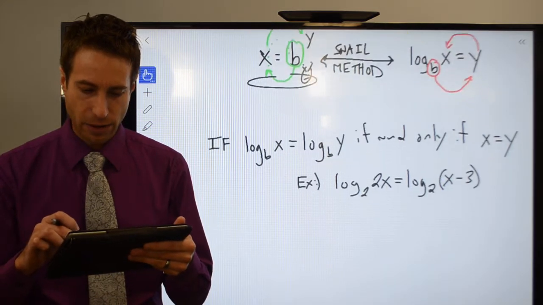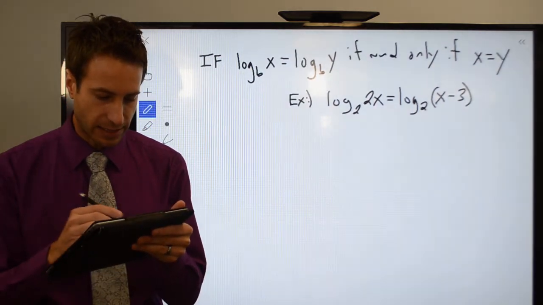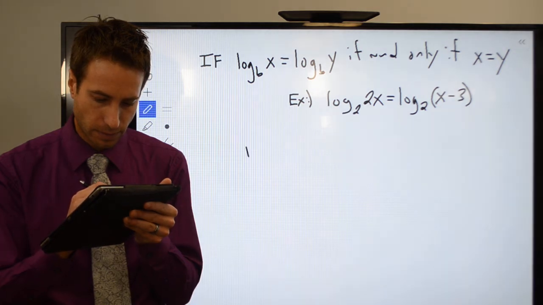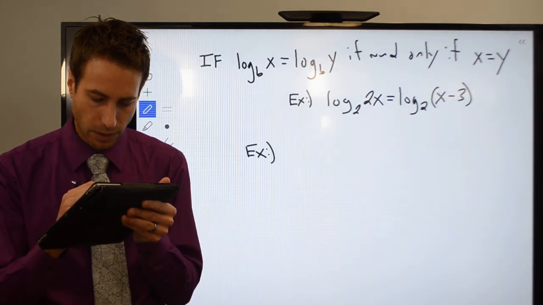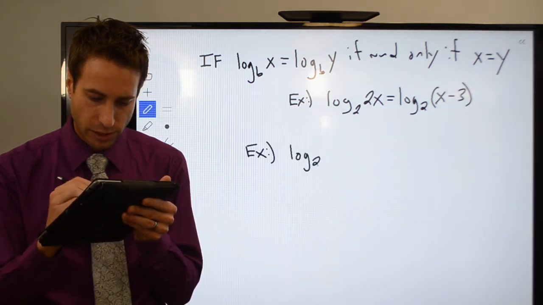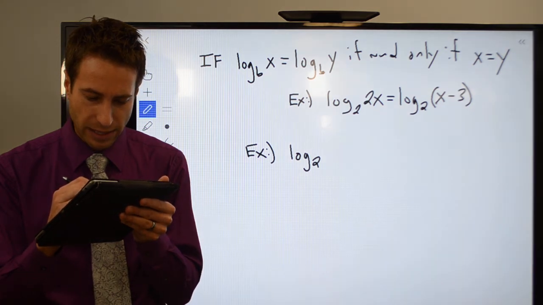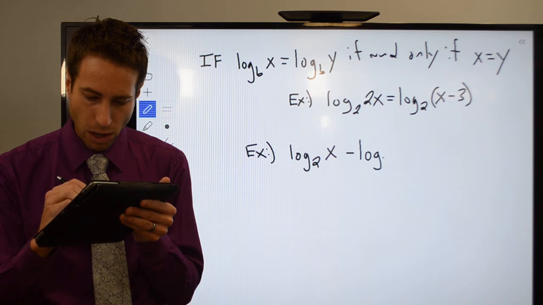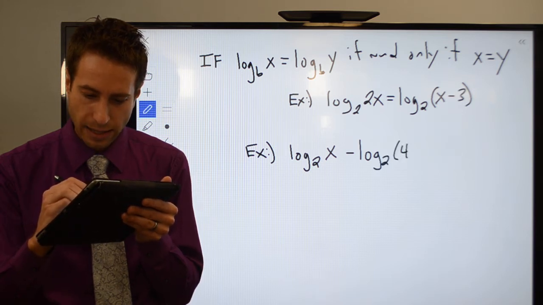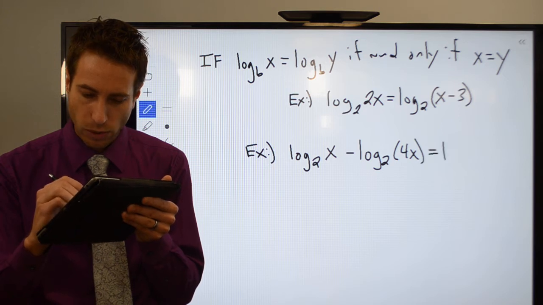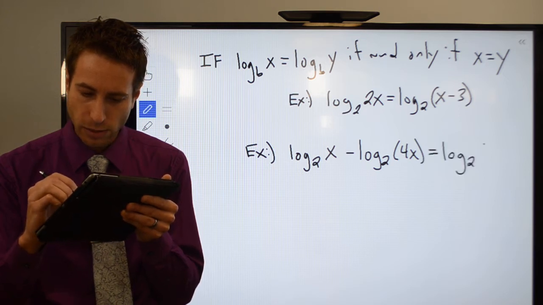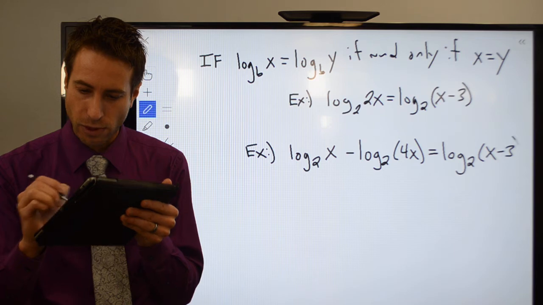But here's what we're going to do in this set of notes. What if I gave you one that looked like this? Log base 2 of x minus log base 2 of 4x is equal to a log base 2 of x minus 3.